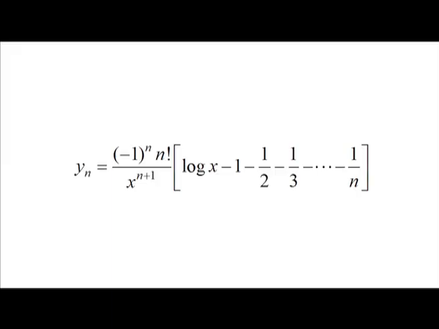If y = log x divided by x, we prove that the nth derivative of y is given by yn = (-1)^n n! / x^(n+1) into (log x - 1/2 - 1/3 - etc. - 1/n).